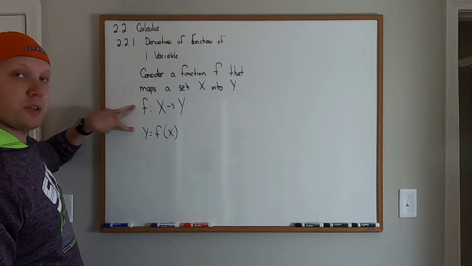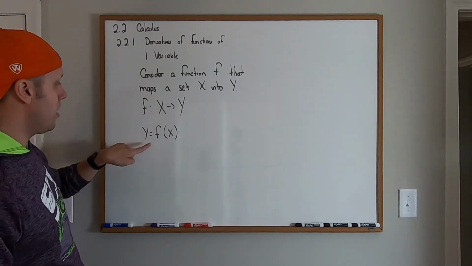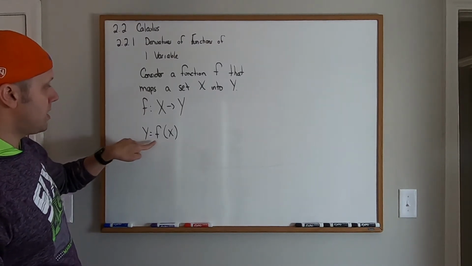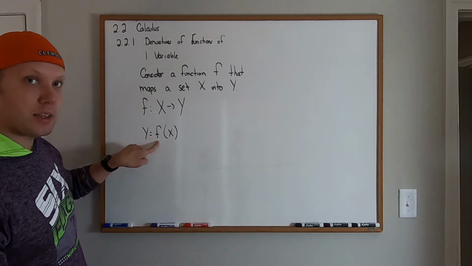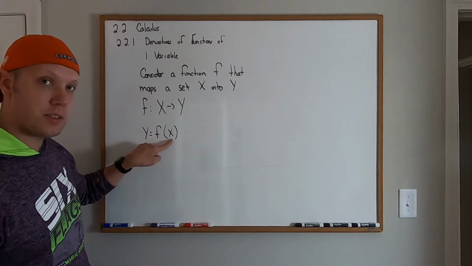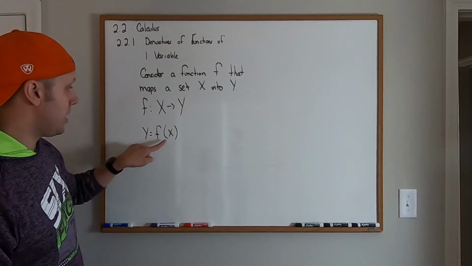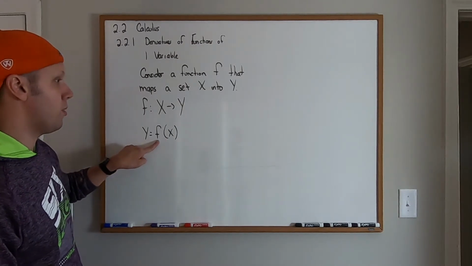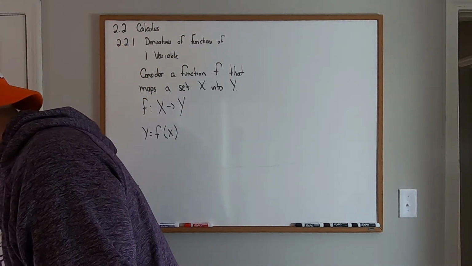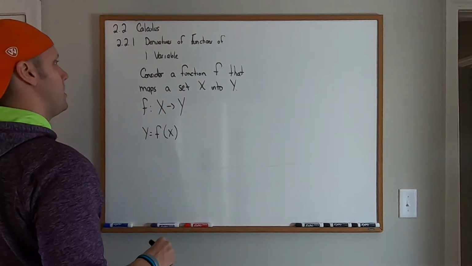We can describe a function either way. Function f maps a set x into y. So what's happening is this function f is acting on the set x. X is the input, so we're putting a function on x, an operator on x, that is producing y. X is being mapped into y via a function or a transformation f. We'll be using this way more than we'll be using this.